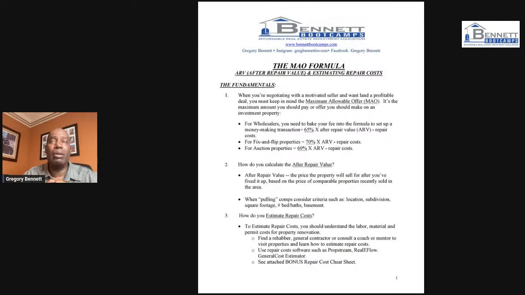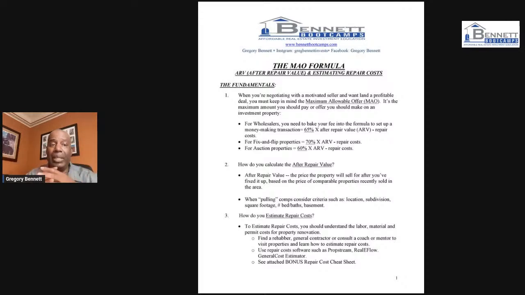The purchase contract says you're buying the property for 135,000. So that goes on the assignment agreement: they're assigned a contract where they have to buy the property for 135. But it's also going to say that they owe you an assignment fee, a wholesale fee of 15,000. All of that is going to be on the assignment agreement.